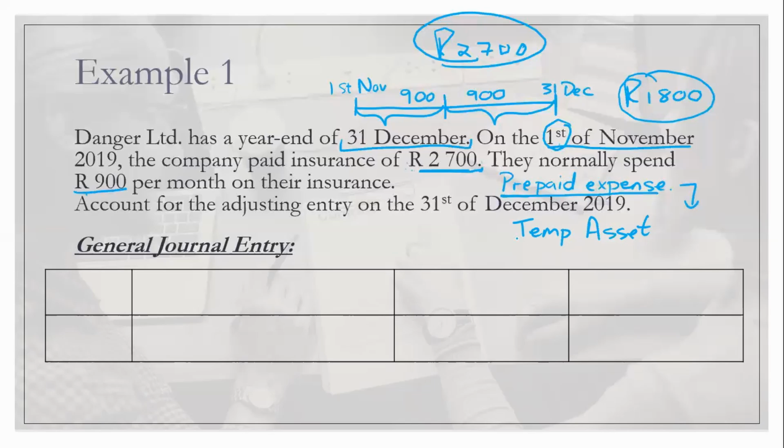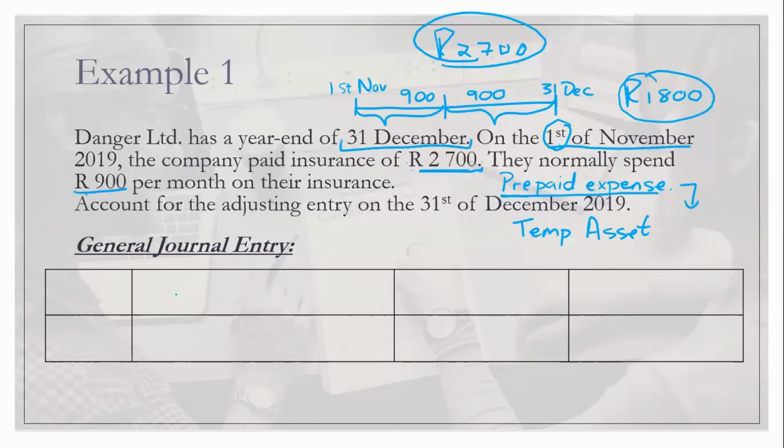Now, what do you think will happen in the general journal? I think the prepaid expenses would also be an account. So then we increase the prepaid expenses and decrease the insurance.